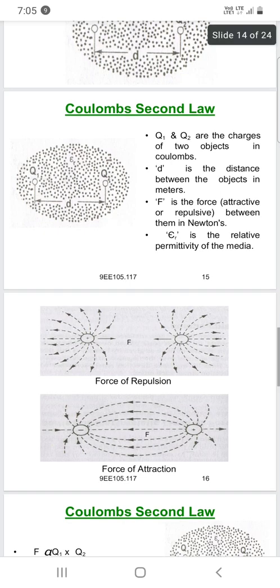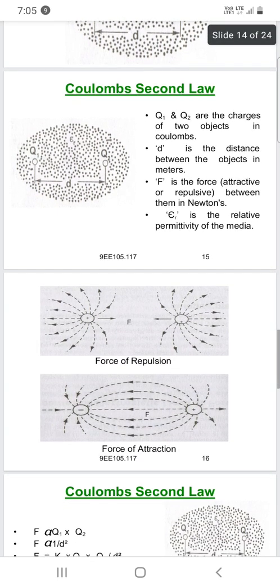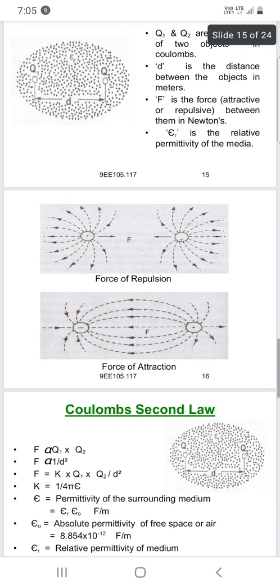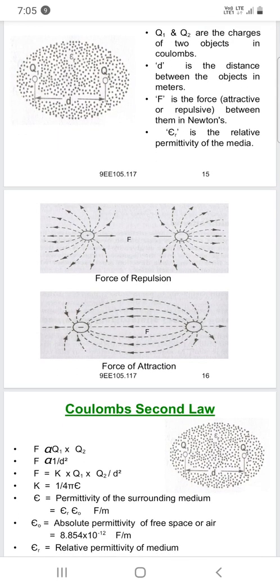So epsilon r is the relative permittivity of the medium. Here we have to observe the figure of the force of repulsion and the figure of the force of attraction.